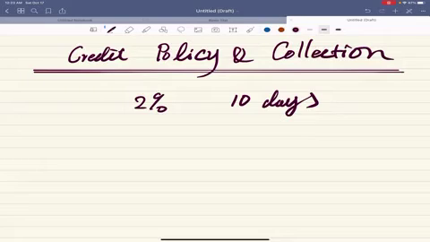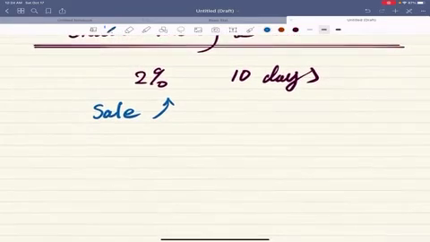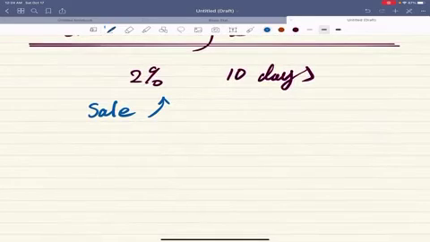First, we think about what the positive effect would be if you offer the 2% discount when the customer pays within 10 days. First of all, your sales might increase because some customers who previously could not make the purchase on time will take the policy and purchase it.